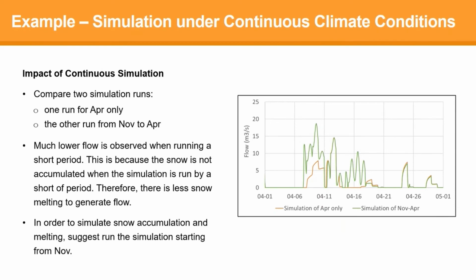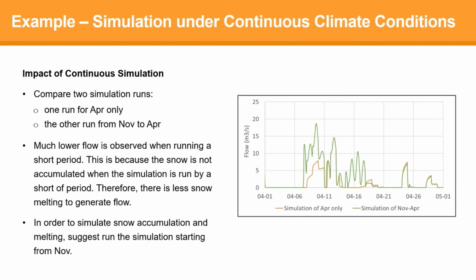For the period from November to March, there's nothing accumulated. I suddenly run from April, and that's why there's not enough snow accumulation. Of course, there won't be too much snow melting observed here. So that's why the flow is much lower compared to the run from November.